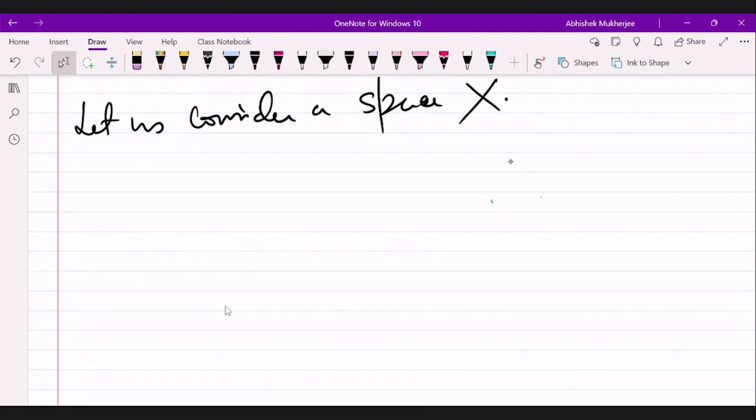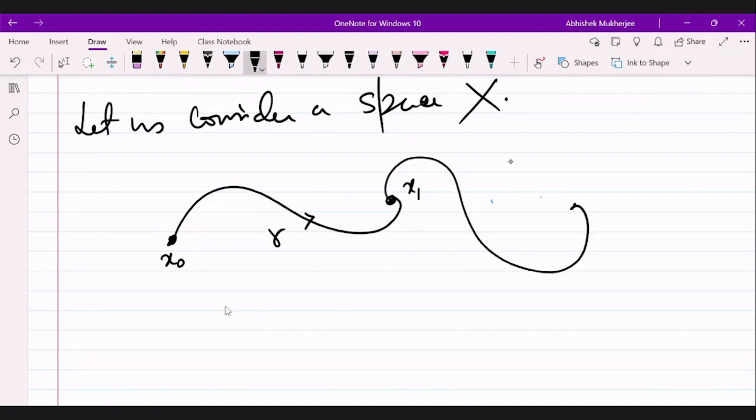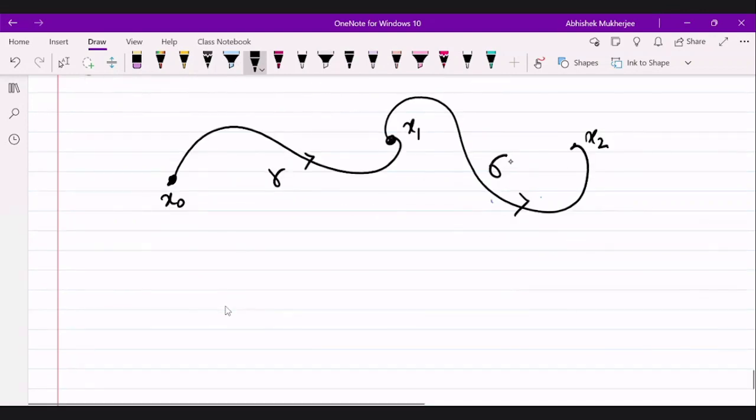And then suppose this is a path from x0 to x1, and also we are defining another path from x1 to x2. Okay, so let us call it sigma. Then using these two paths, where you are assuming something, that means the end point of gamma will be the starting point of sigma.